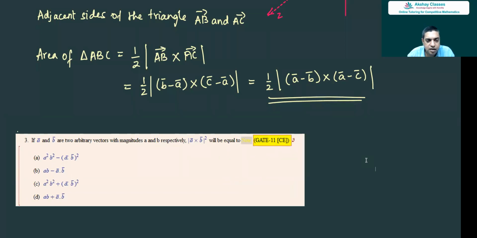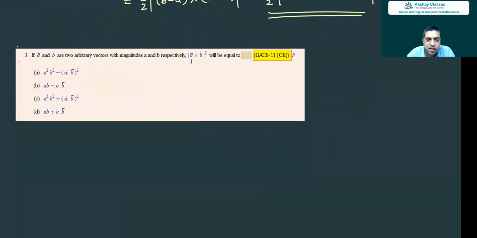If A and B are two arbitrary vectors with magnitudes A and B, then modulus of A cross B the whole square. How do you do this? From the given options. Anyone?